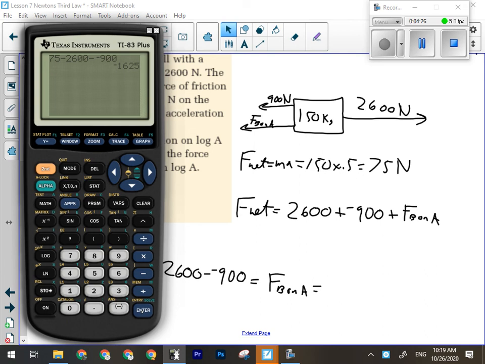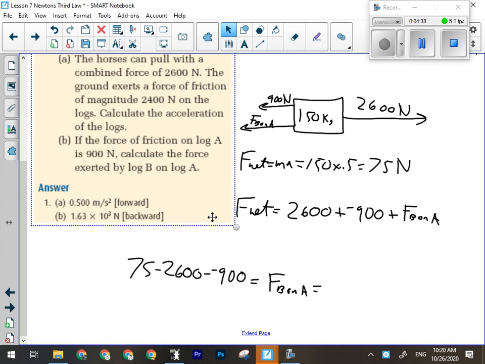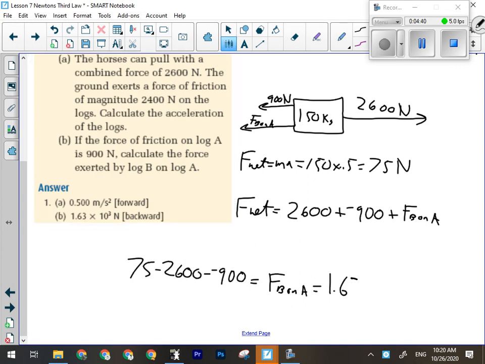Perfect. That should be a backwards force. Log B would be pulling backwards on log A. Now I only have 3 significant figures, I think, here, so I've got to make this 1.63 times 10 to the 3 newtons backward.